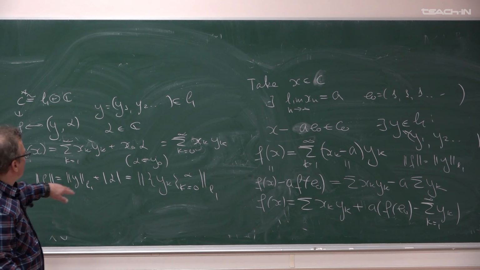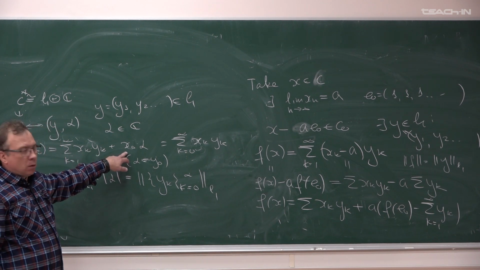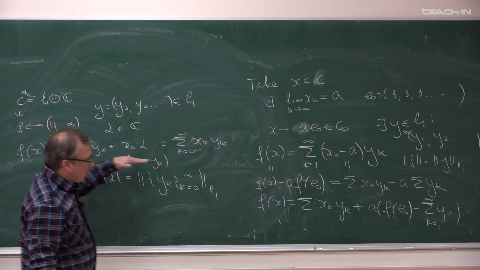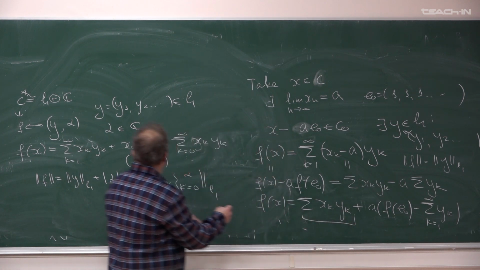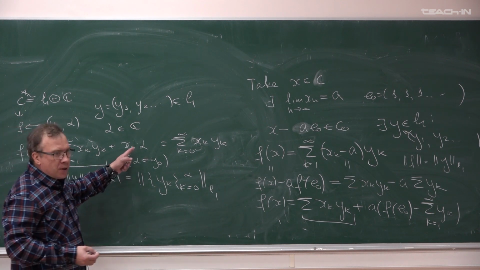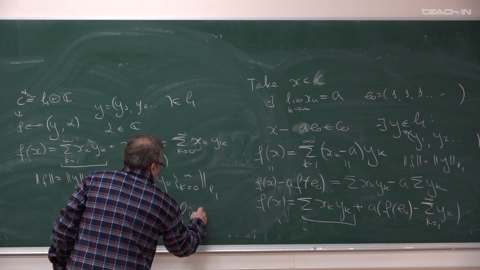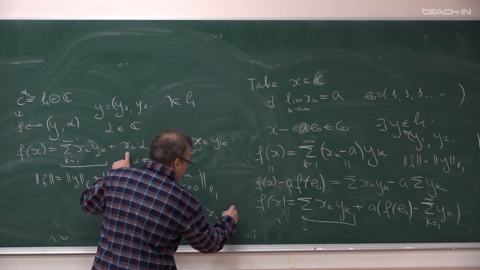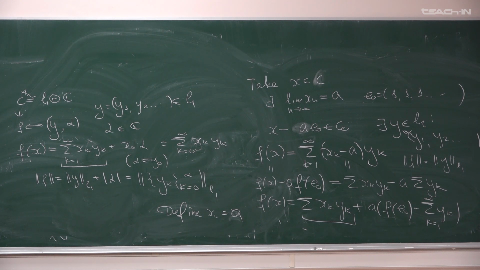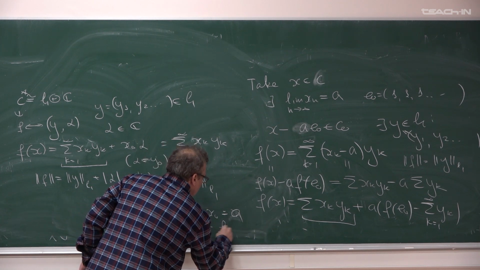We want to obtain this formula, and it is sufficient only to compare this writing with this writing. So define x0 as the limit, and alpha I take as this object.